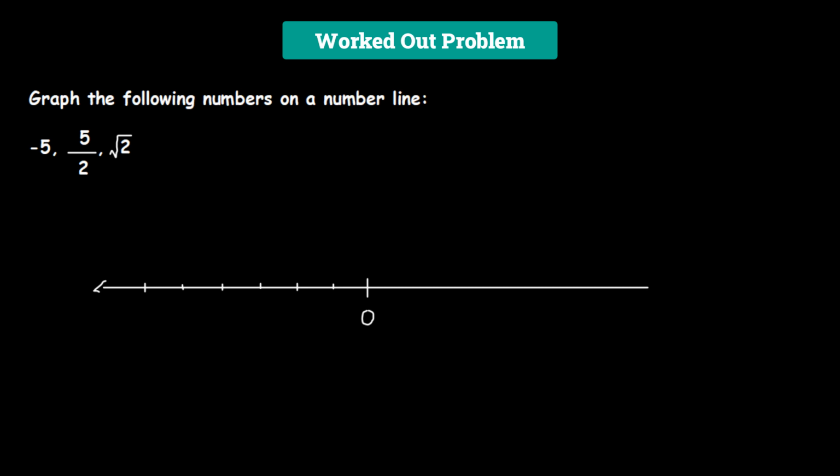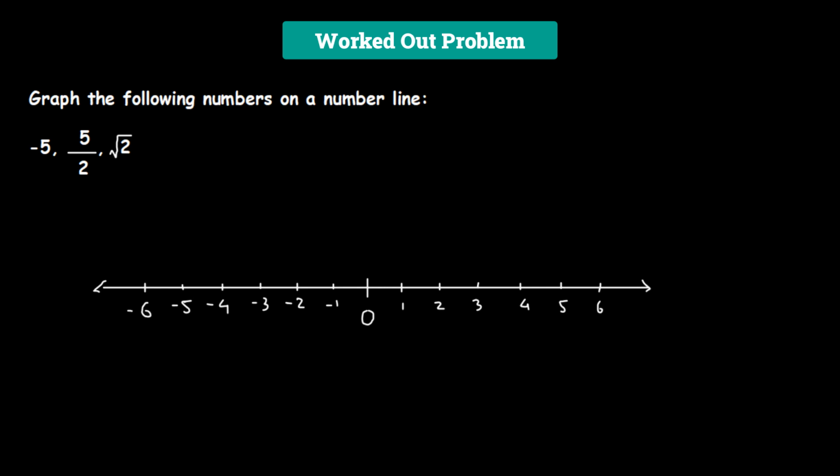And on the right hand side, we're going to have +1, +2, +3, +4, +5, 6, and so on.